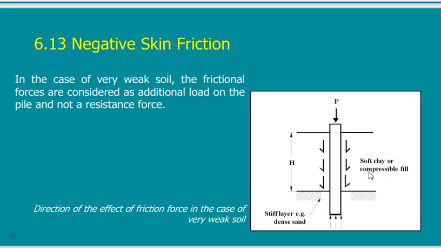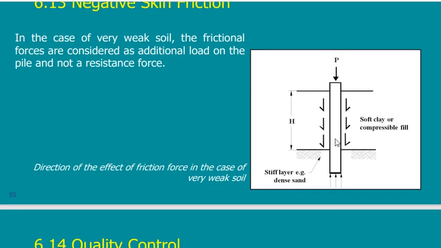This is the problem, because in this case, if you design a pile that has a negative skin friction carried by the pile, suppose that this pile, I tell you that this pile will carry 100 tons. 60 tons for friction, and 40 tons for end bearing. Later, after one month, this 60 tons of friction will be transferred to be 60 tons as a negative load on the pile. It's the opposite. So this pile will only carry 40 tons. It can carry 40 tons.